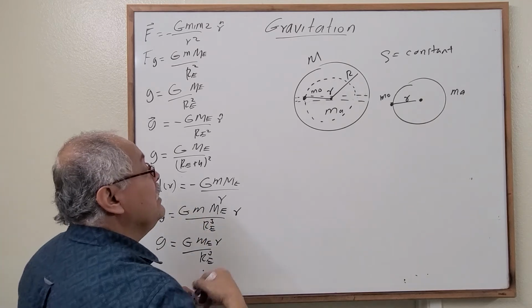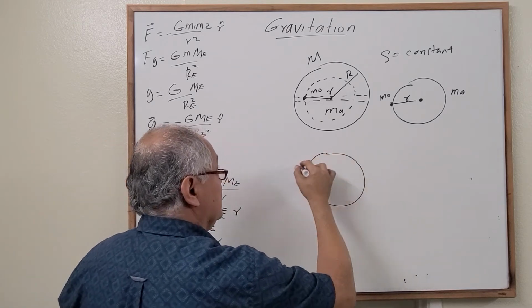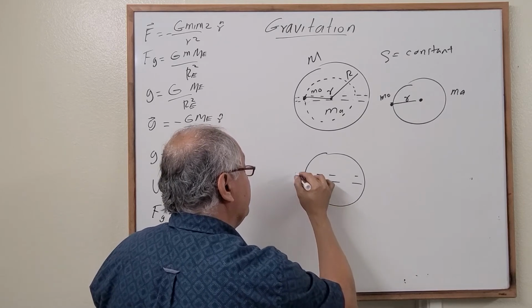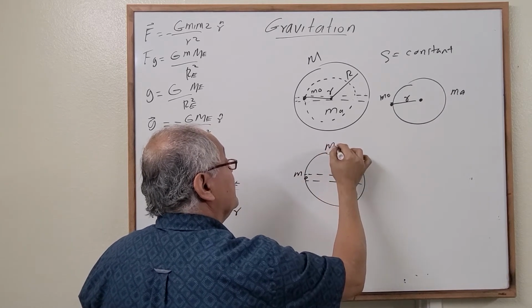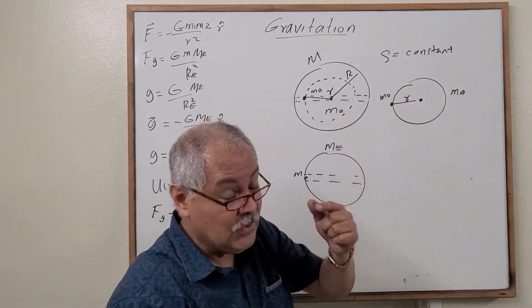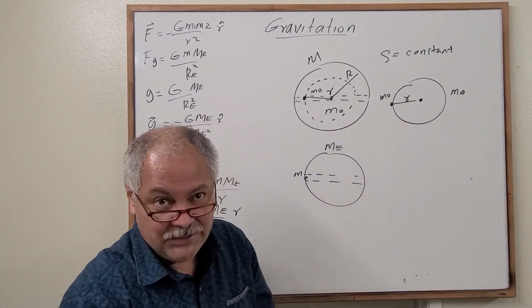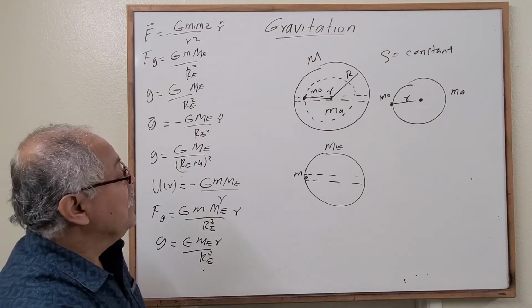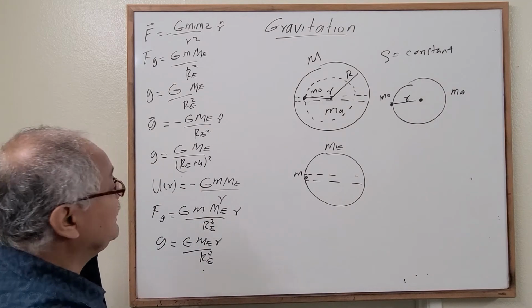One more time. Imagine that this is the whole Earth right here. We place a mass m right here, and this is the mass of the Earth. This is the case, again, when the density is constant. Actually, the density of the Earth is not constant. Okay, perfect. Now let's see what happens.